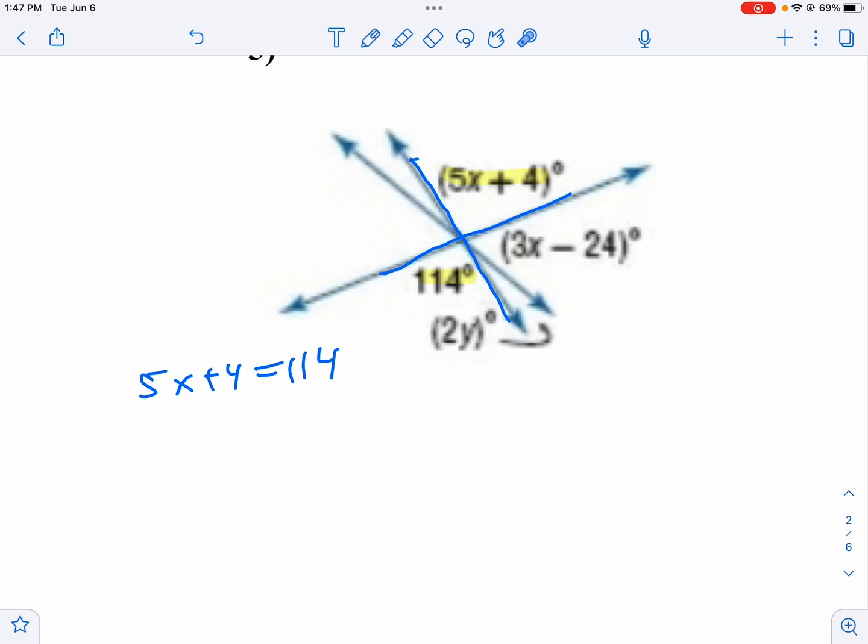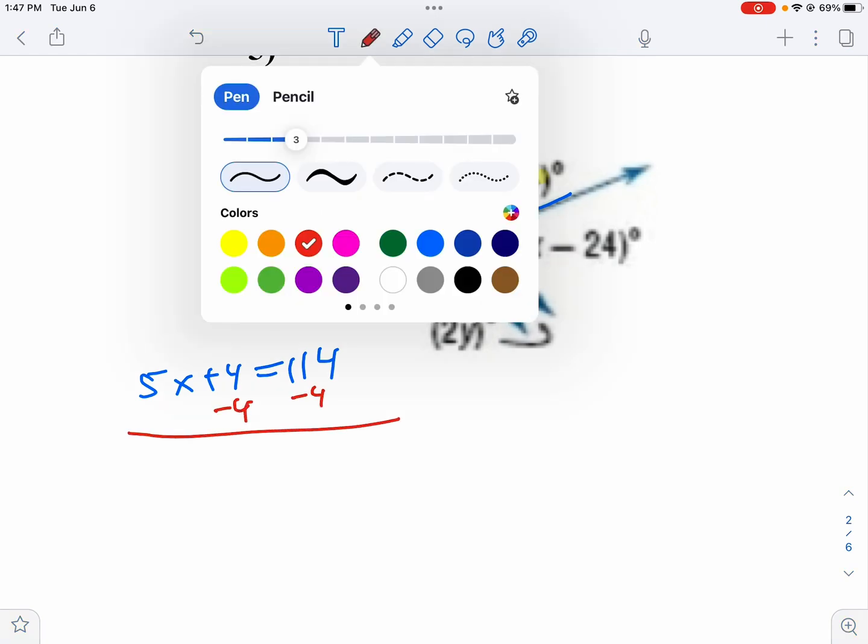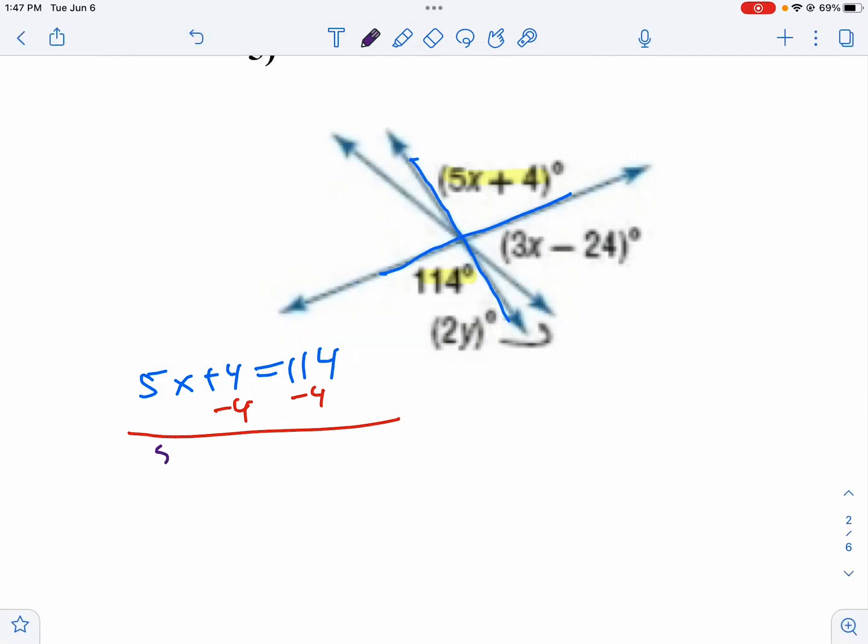So I'm going to solve for x, then go back and find y. Let's solve for x. I'll subtract 4 from both sides and we get 5x equals 110. Divide by 5. x would be 22.